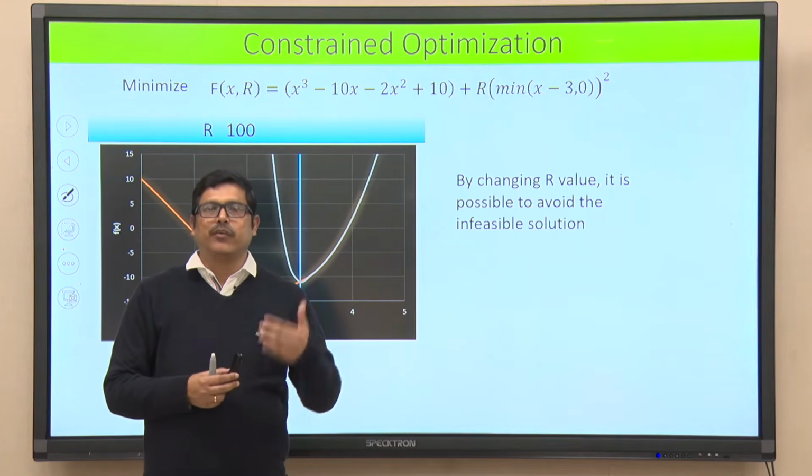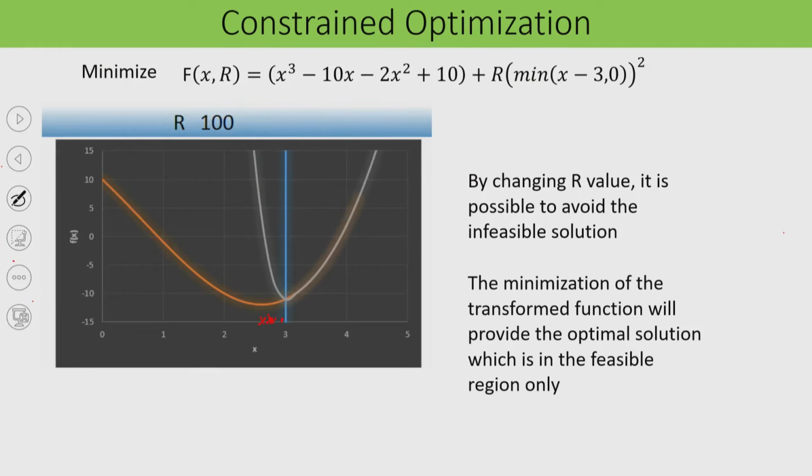In that case you can stop your iteration. The minimum of the transform function will provide the optimal solution which is in the feasible region. So, we are basically solving this transform function, and finally for a large value of r it will give you the feasible solution.